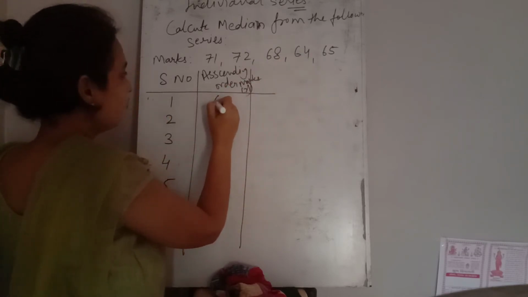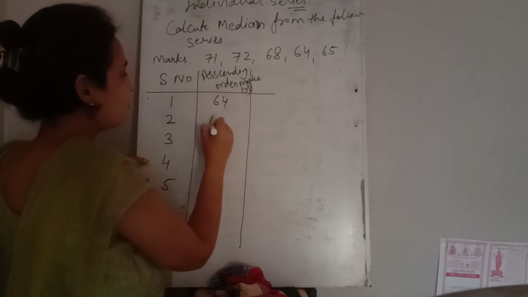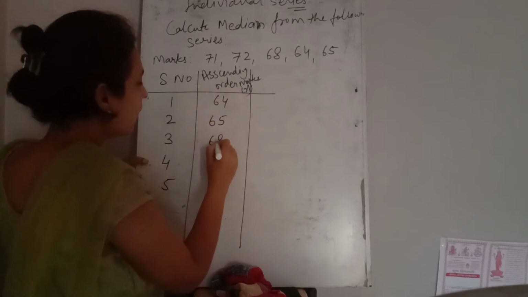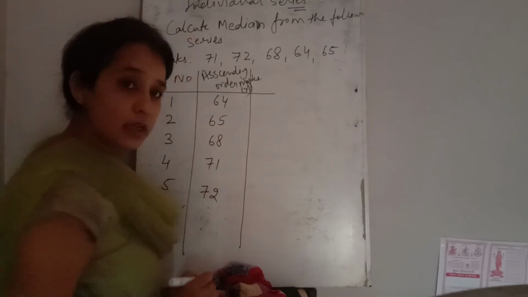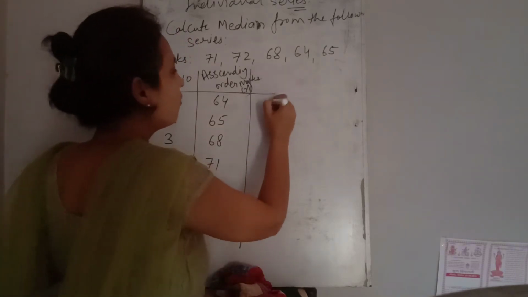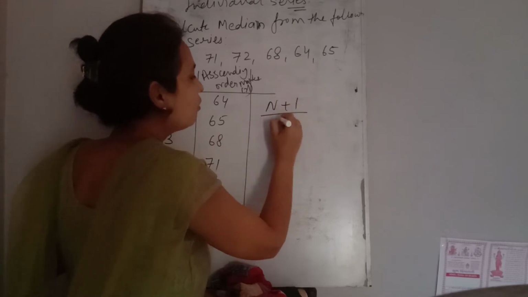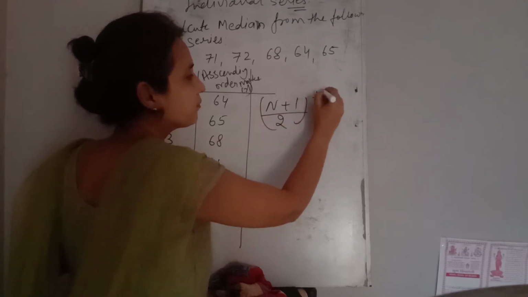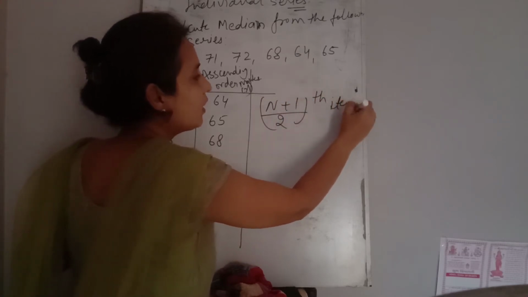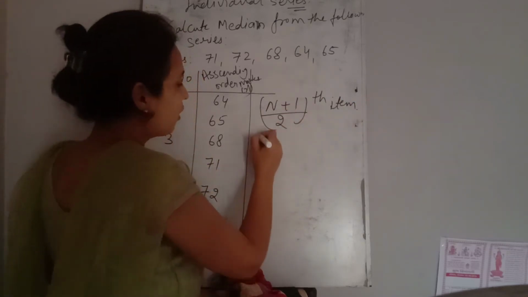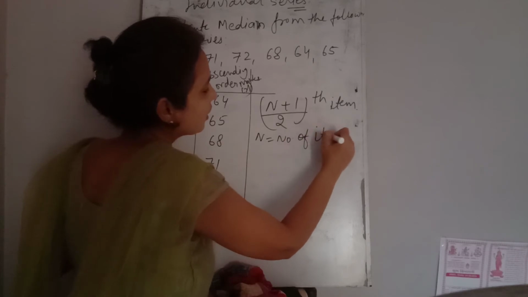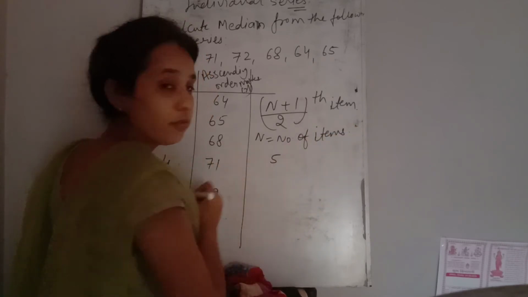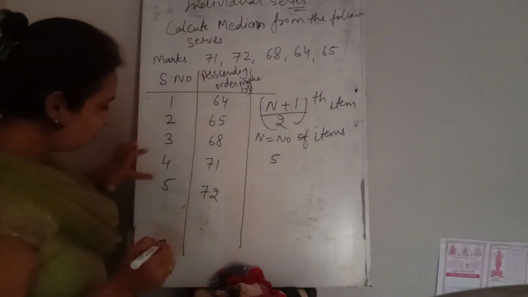First 64, 65, 68, 71 and 72. Clear? Now apply the formula N plus 1 upon 2th item. N is the number of items. How many items are given in the question? That is 5.